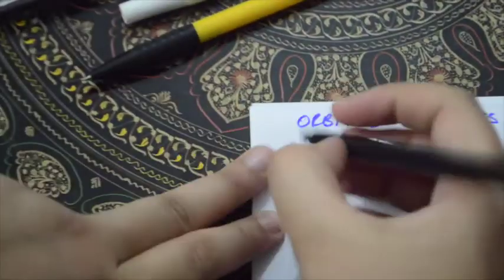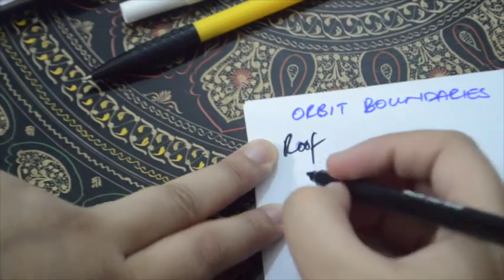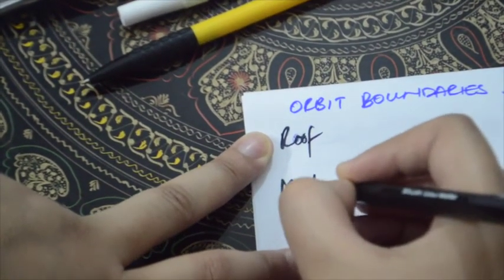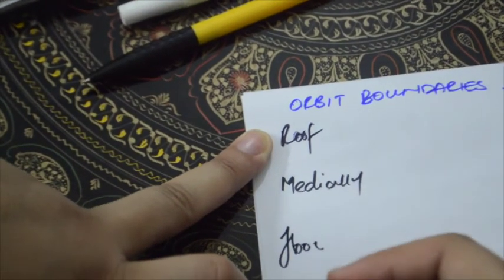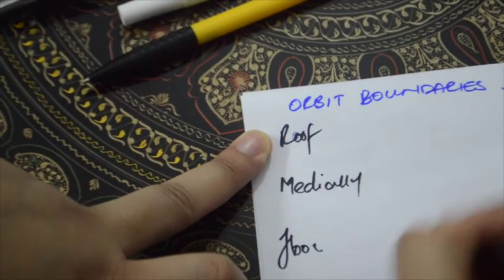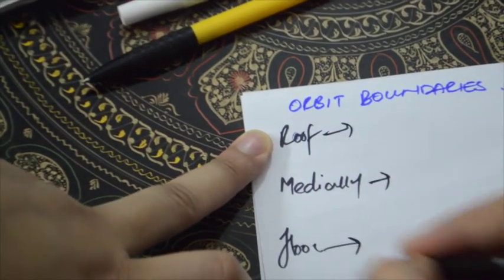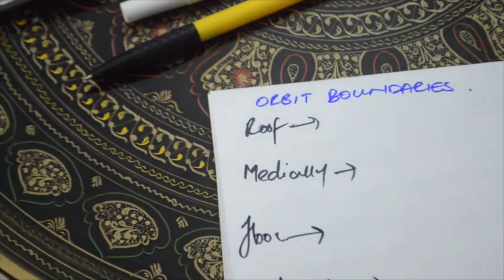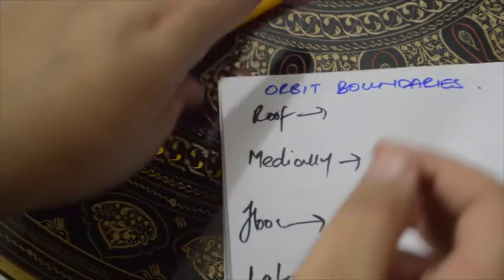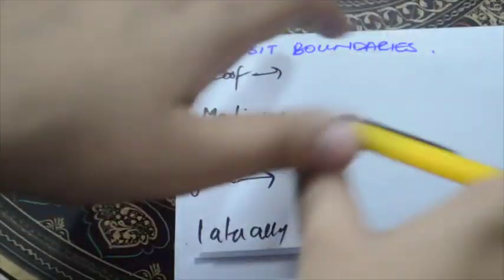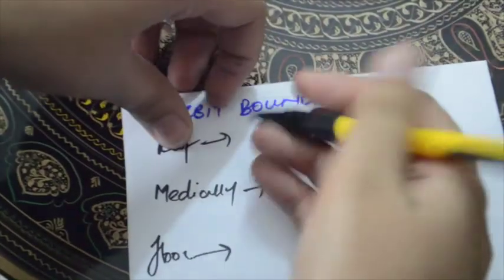Roof, medially, floor, and laterally. I'm making these pretty rough, but please make them as neat notes of yours, because that is very important. These things come in paper and you do not really have time to revise.